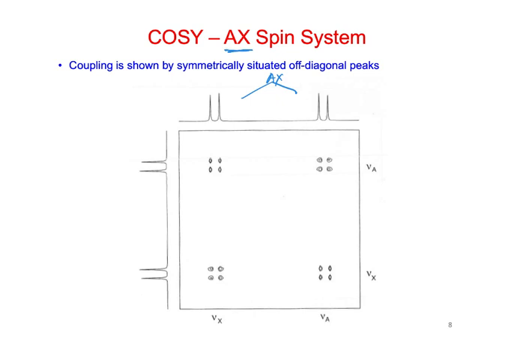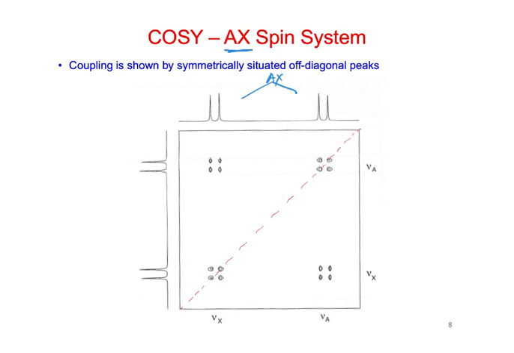The way we see it in the COSY spectrum is, here's our diagonal. So this is the one-dimensional spectrum in the diagonal, and we see the coupling between these two peaks as off-diagonal peaks.